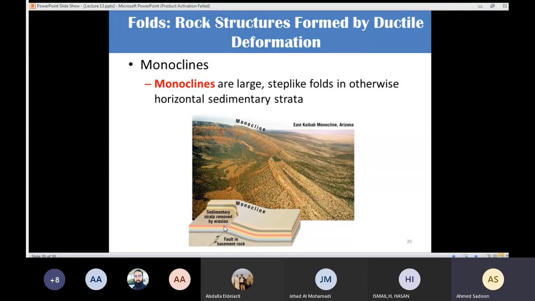As a result, we are going to have something like that. This one looks like a step, and because this part is sedimentary strata, it is going to be removed by the erosion. And we are going to have something like this one, which is a monocline.